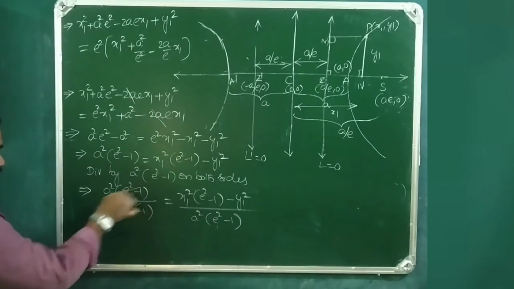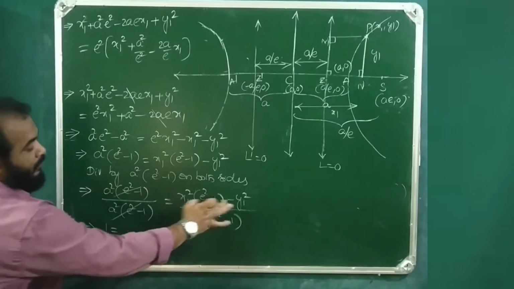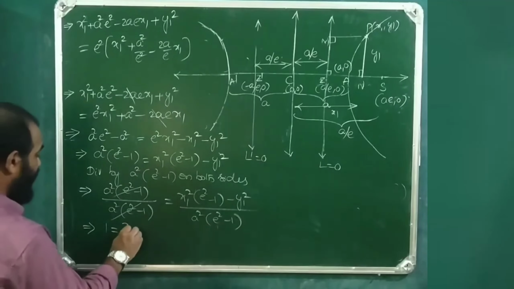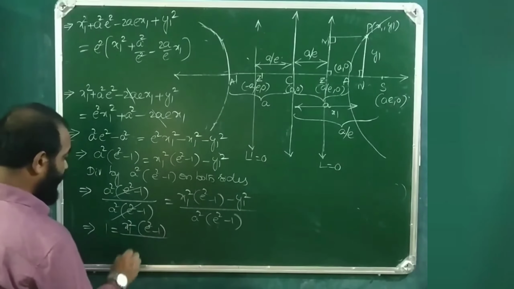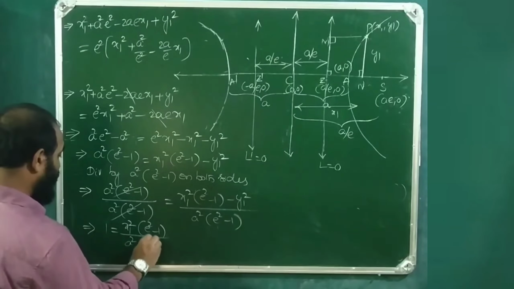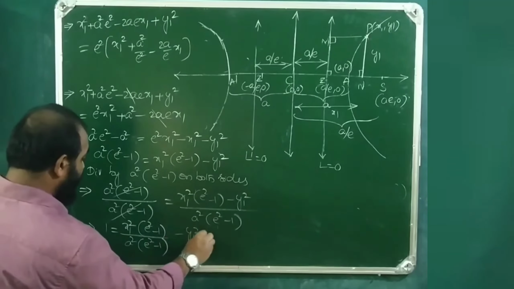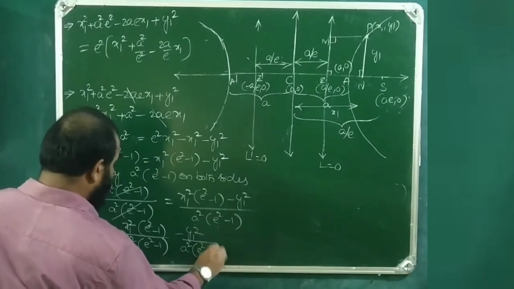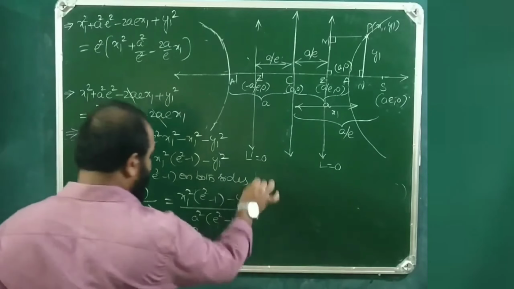So 1 is equal to a minus b by c, a by c minus b by c. So this is x1 square into e square minus 1 by a square into e square minus 1 minus y1 square by a square into e square minus 1. So this gets cancelled.